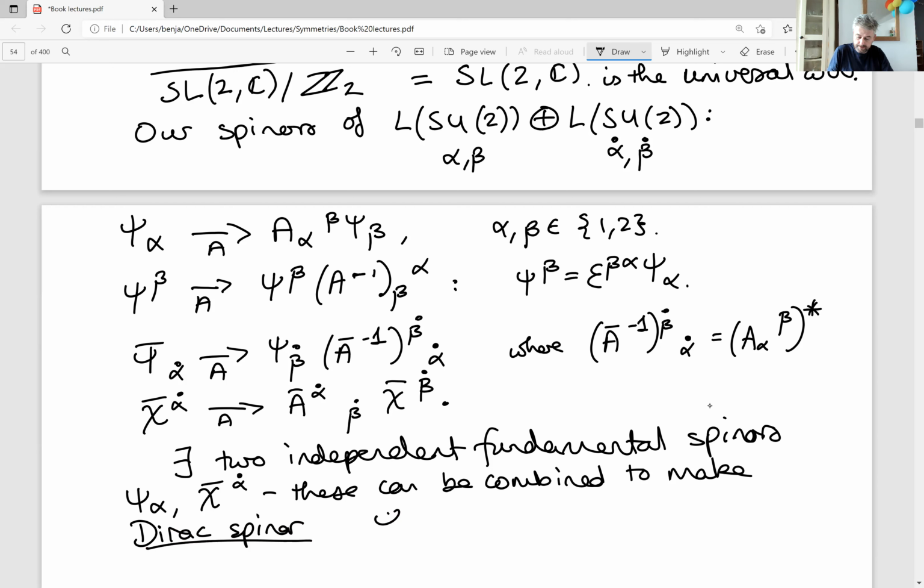So we write this as big psi, and this is defined to be a column with 4 entries, and the top 2 are psi alpha, and the bottom 2 correspond to chi bar alpha dot. And note here that both A and A bar are in SL2C.